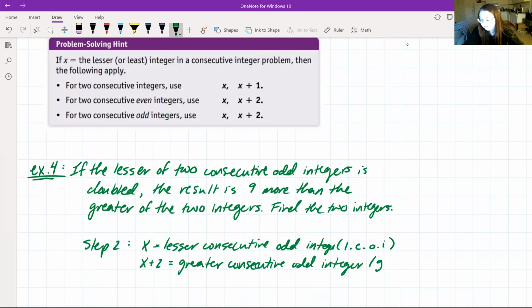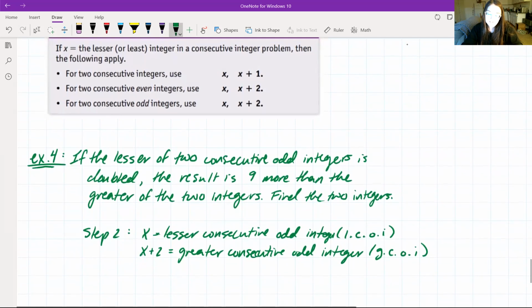And we're going to call this the GCOI. I'm going to write this a few times, and it's just going to take up too much time to write it out. So we've assigned our values. We said x is the lesser consecutive odd integer, and x plus 2 is the greater consecutive odd integer.